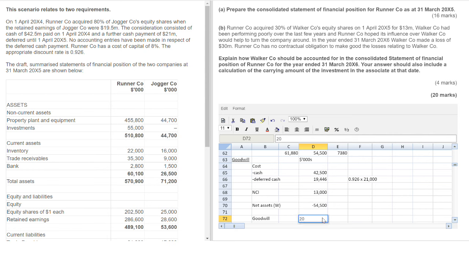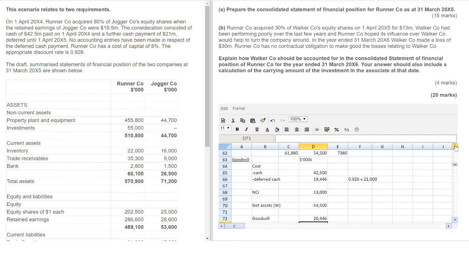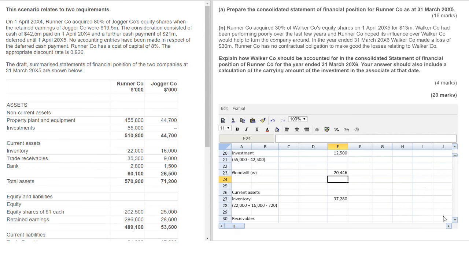If you then total everything up, you should end up with 20,446 for your goodwill. So get the easy bits first: goodwill is there at 20,446. Fantastic. And then you just need to be very, very careful.